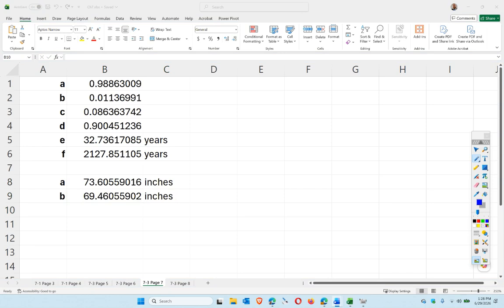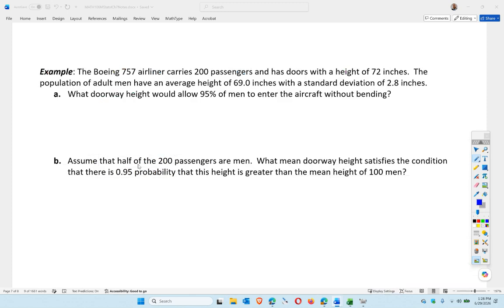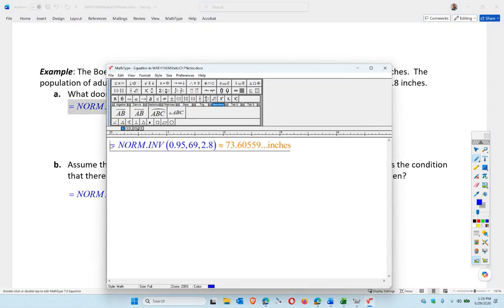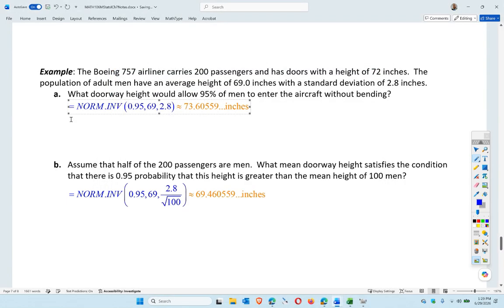Two different answers, which is expected. Okay, so the individual versus the group. So this is, no, it's not a probability. So that's the 95th percentile of X. That's the group 95th percentile.